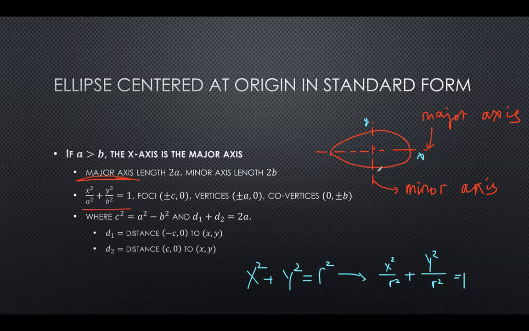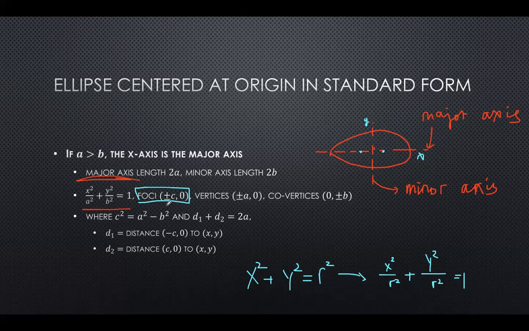And for ellipse, it has an actual term which is called the foci. You have two foci. One focus is on the left side of the minor axis, and the other focus is on the right side of the minor axis. So you have focus 1, focus 2.